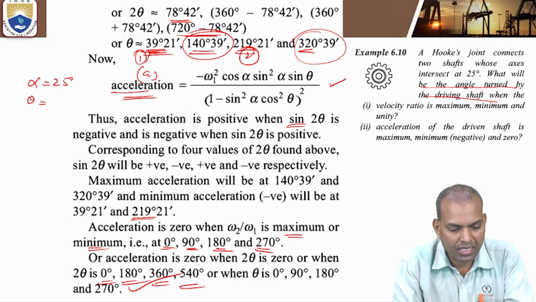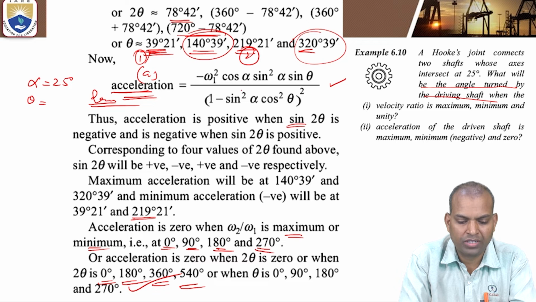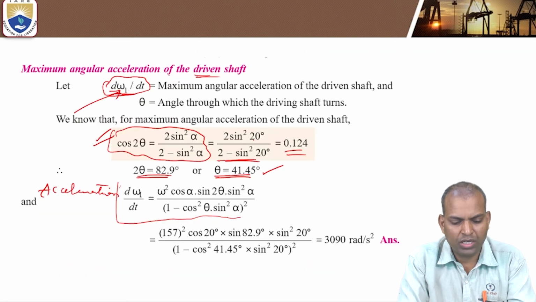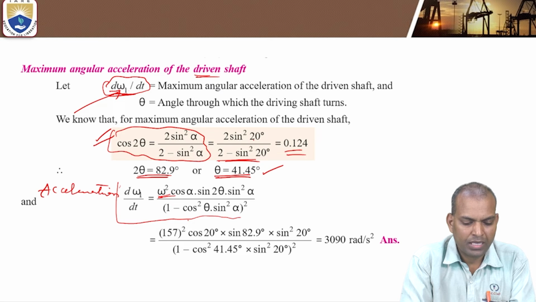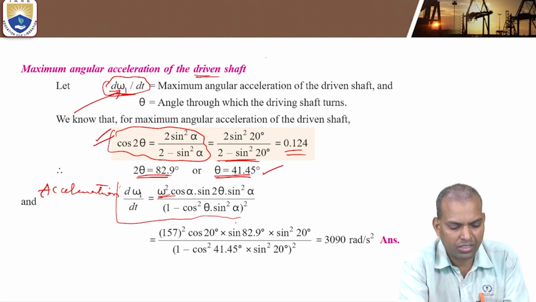Here, ω is the angular velocity of the driving shaft.